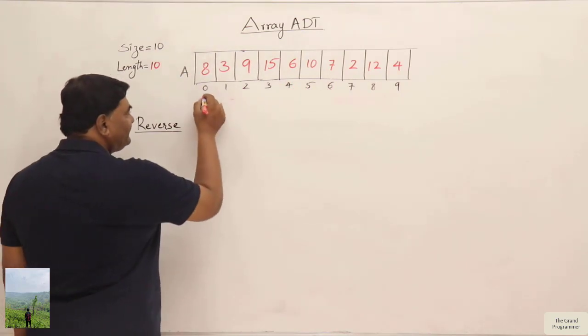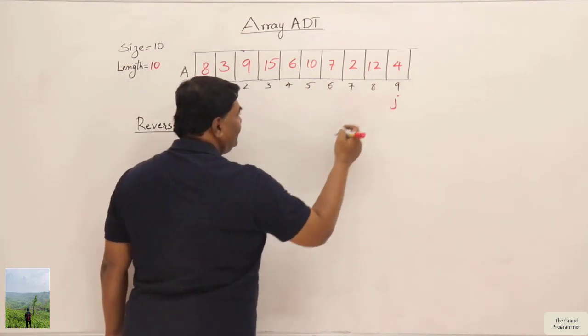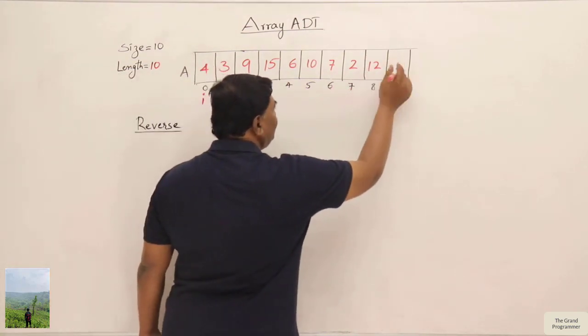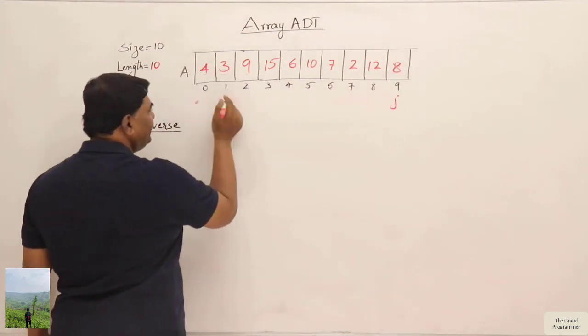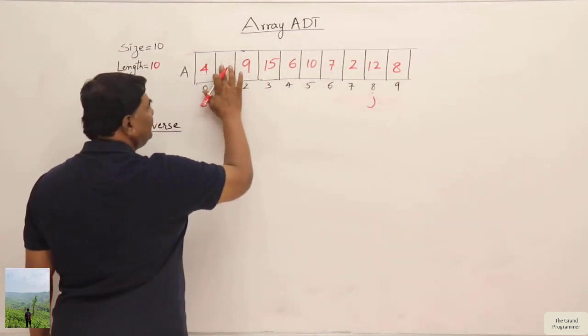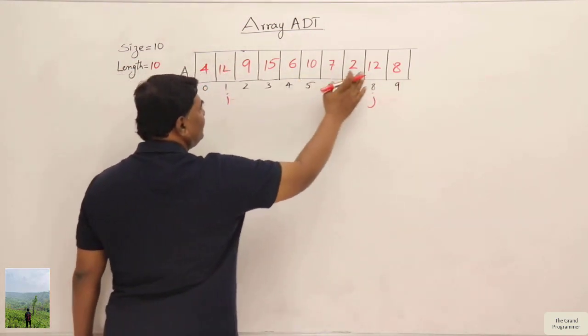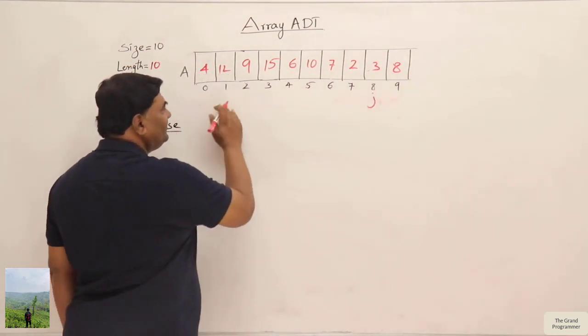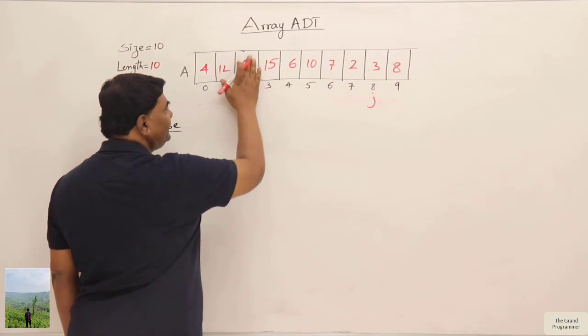We need two indices, I from here and j from here, then interchange the elements. So copy 4 here and copy 8 here. Then decrement I and decrement j. Then interchange the elements. So 12 here and 3 here.